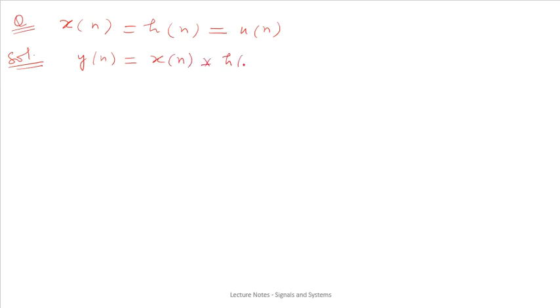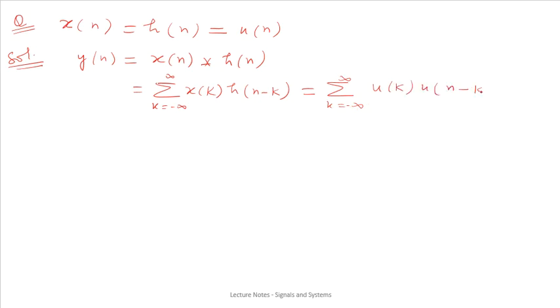you already know that it has this kind of form, xn convolution hn, and when you write it in summation form, it will be the sum from k equals minus infinity up to infinity of xk h of n minus k, which is equal to the sum from k equals minus infinity to infinity of uk and u of n minus k.